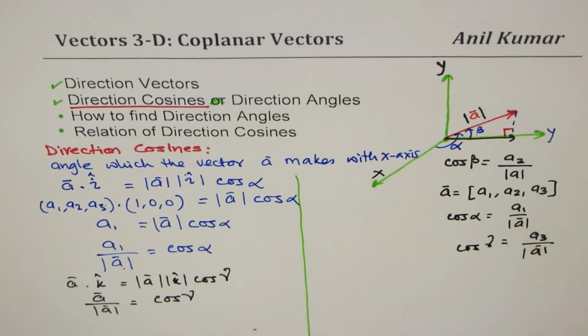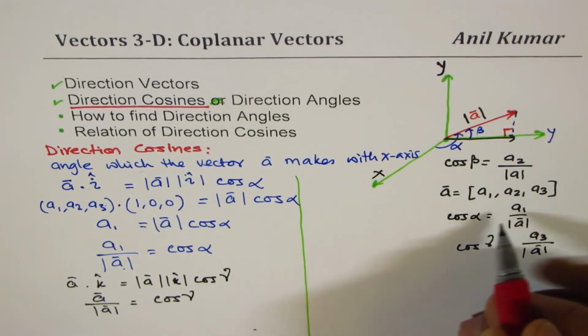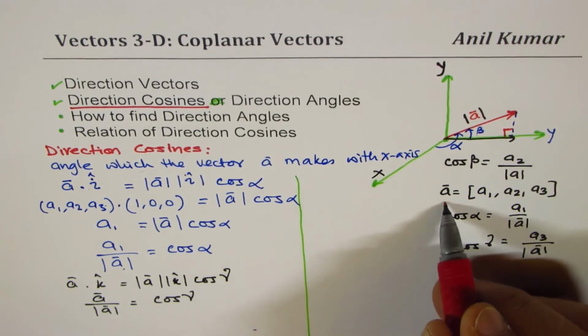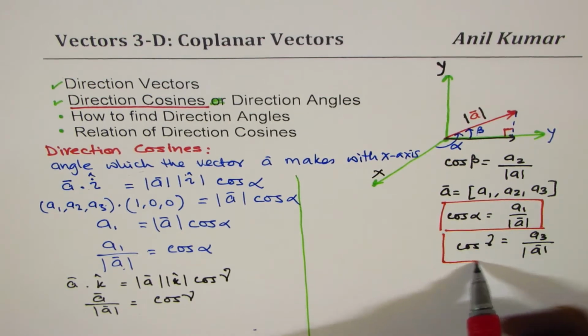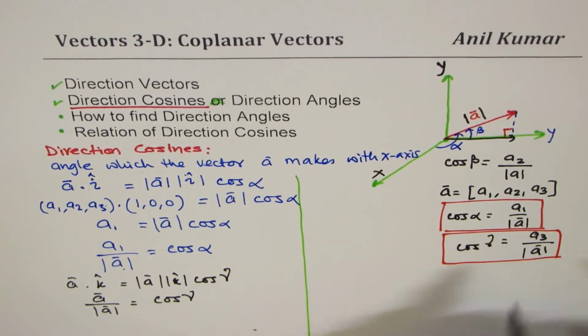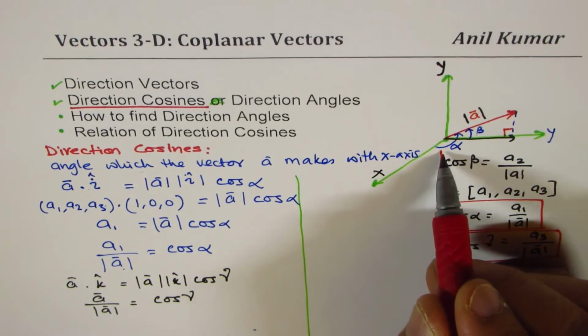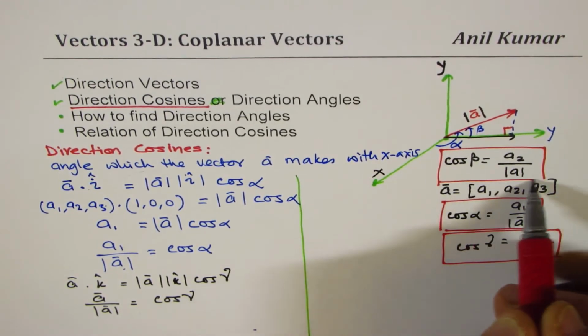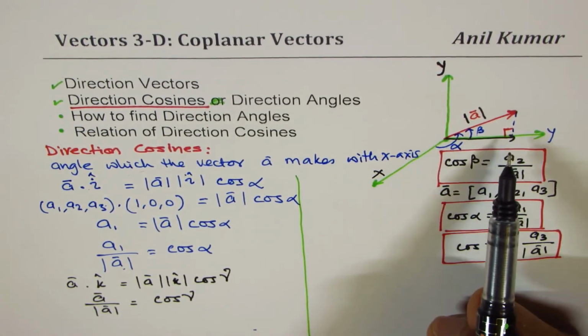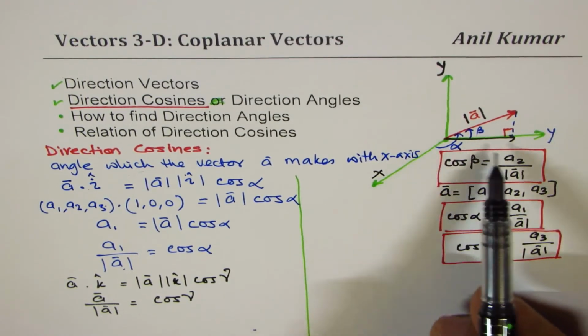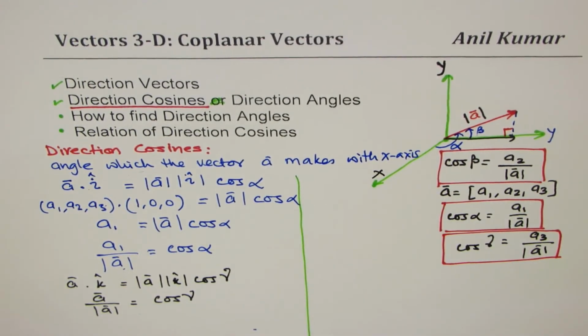Now let me develop another relation. So we have proved this particular formula, that is cos alpha is A1 over magnitude of A, cos gamma is A3 over magnitude of A, and cos beta is A2 divided by magnitude of A, where A1, A2, A3 are the components of the vector along x, y, and z, correct?